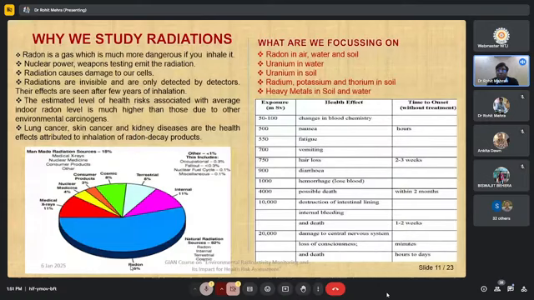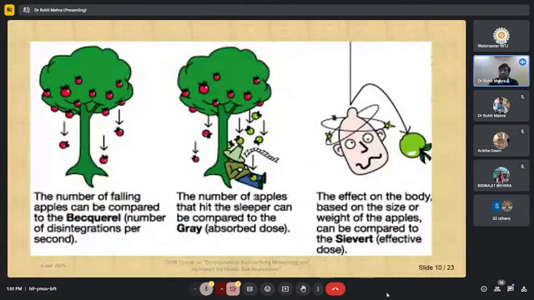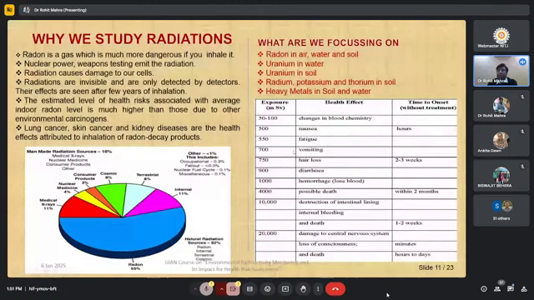Now if you see the figure on the right-hand side, exposure is in terms of millisievert, because it is the effective dose we are calculating, that is, how much damage has been caused by the absorbed dose, measured in sieverts. Sievert is a very big unit, so we generally use a smaller unit, the millisievert or microsievert.